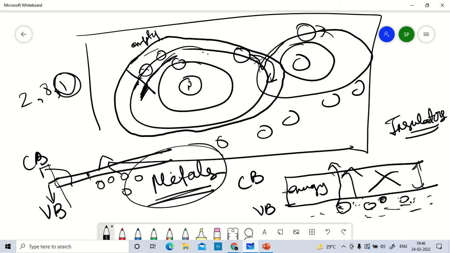Then the conduction band now is not empty, but the place where the electron was in the valence band has become vacant. So these electrons move into the conduction band, and at the same time they create vacant energy levels in the valence band, so that the other valence electrons can move.